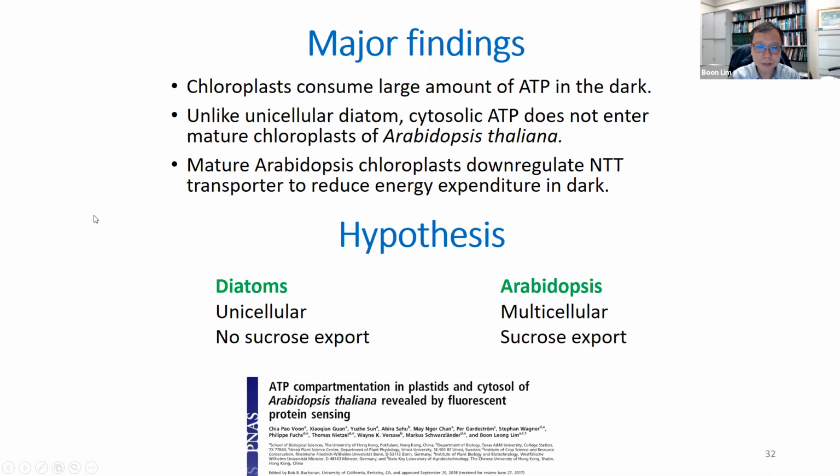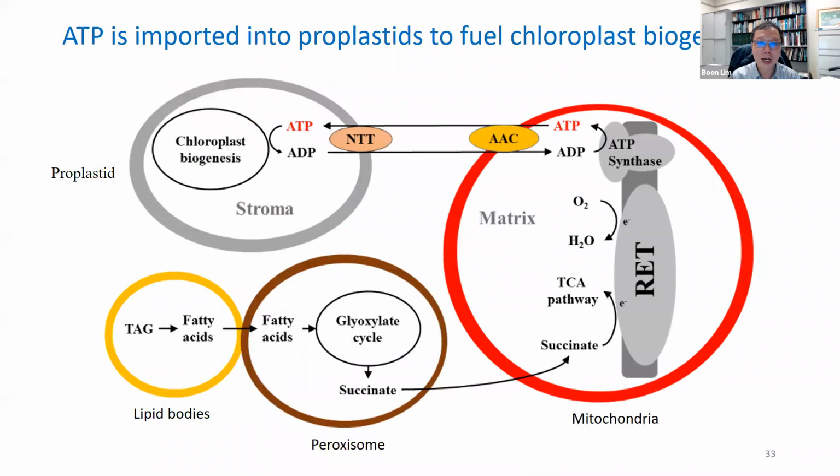So this finding was published in PNAS in 2018. Based on our findings, we believe that ATP is imported into proplastids to fuel chloroplast biogenesis.